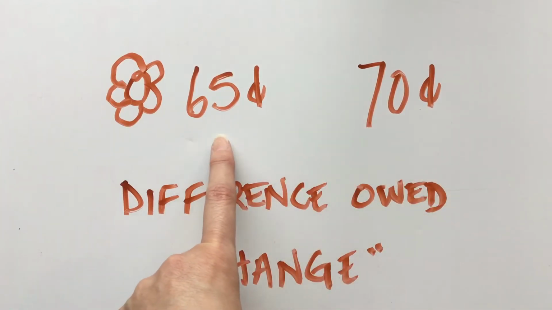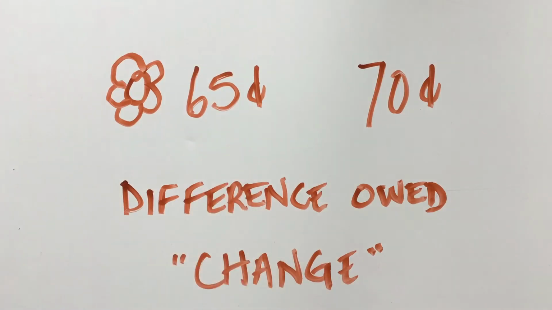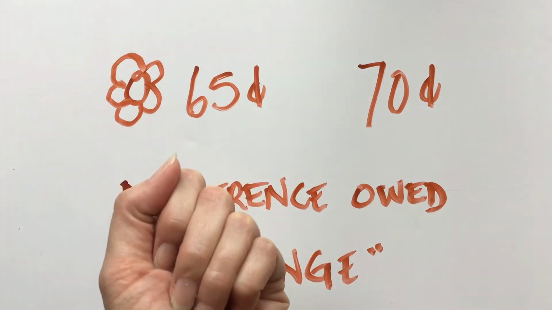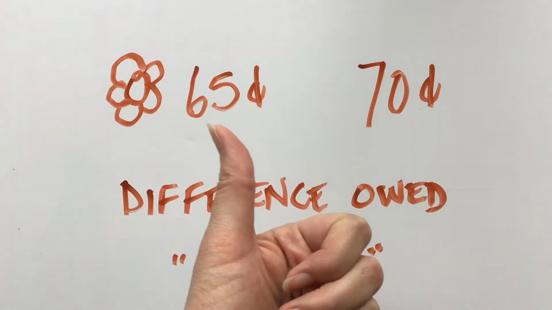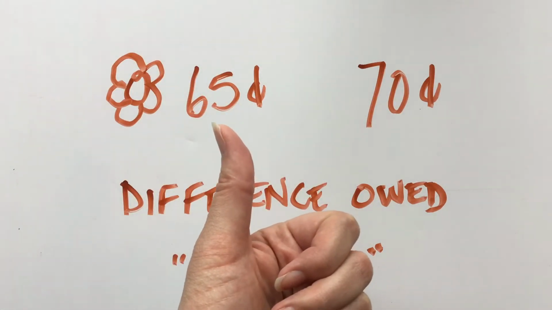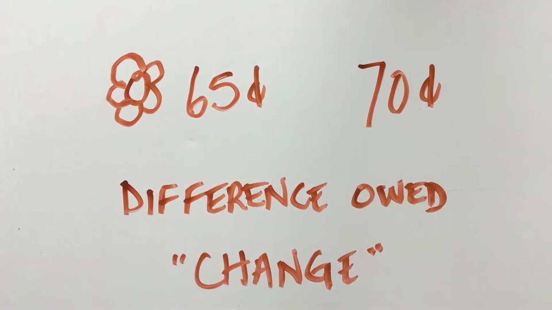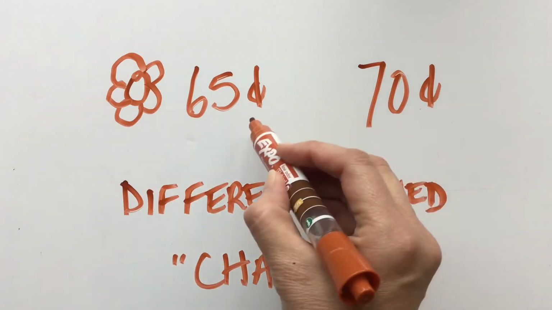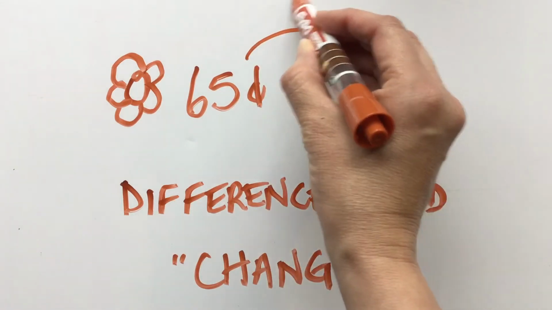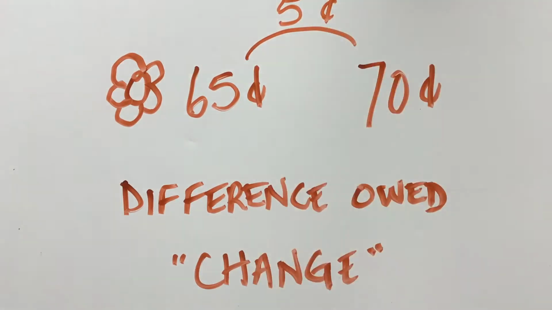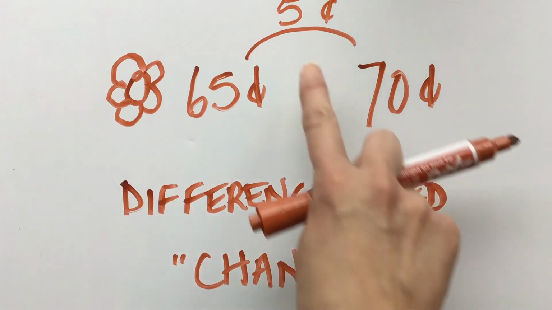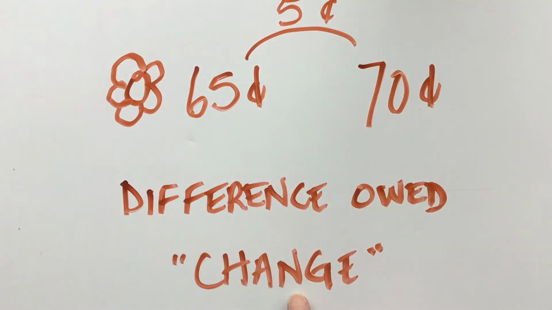So I'm going to put 65 cents in my head, and I'm going to count up to 70. So 65 is in my head, so I don't put my hand up. 70. Ooh, I counted by 5 one time. That means the difference between 65 and 70 cents is 5 cents. I guess I can just draw that here. The difference is 5 cents. All right, so 5 cents is the change.